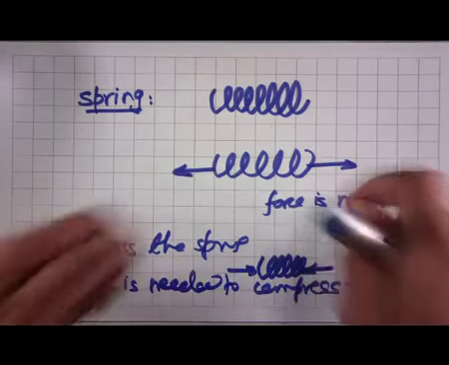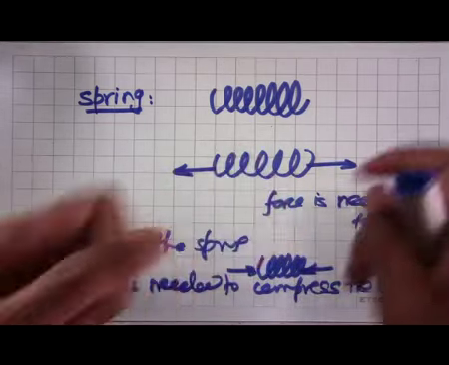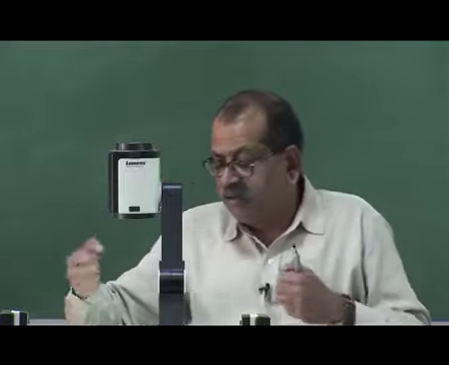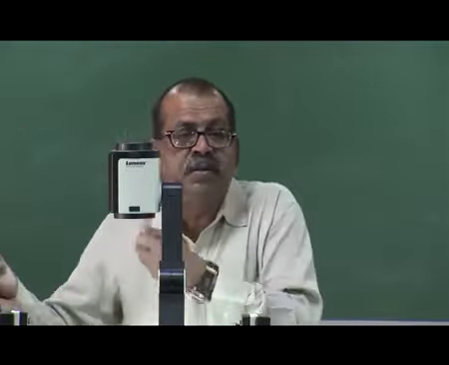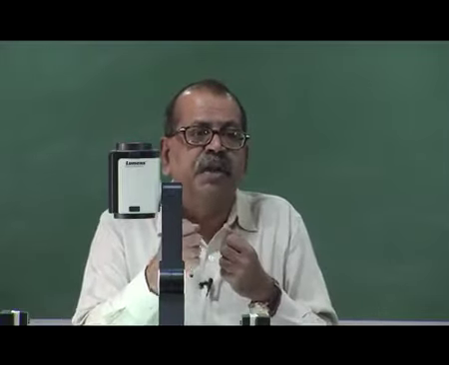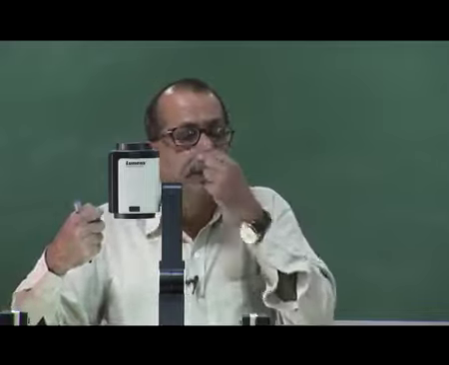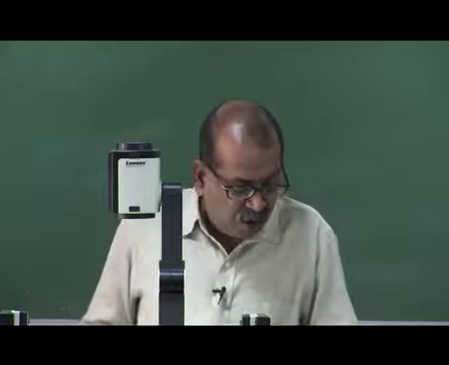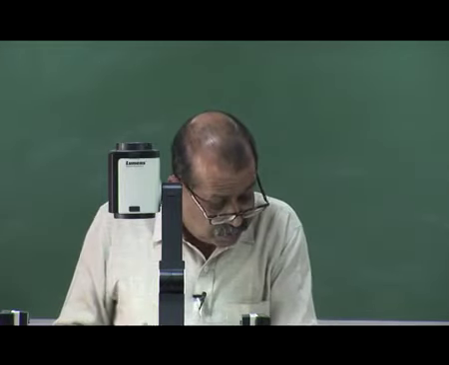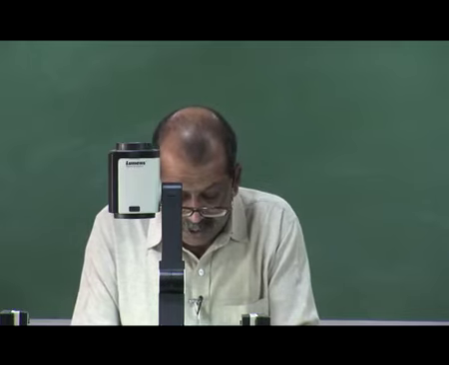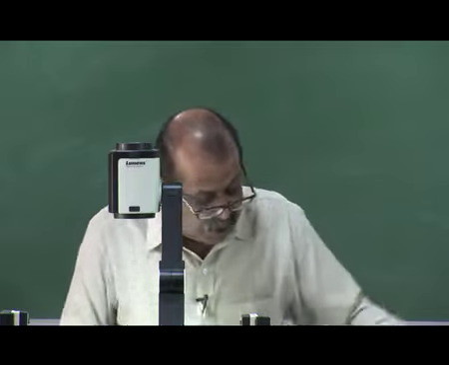So, if this spring is now tied to some body, then since a force is needed to compress the spring, it will put an opposite force on the body. So, if a body is connected to a compressed spring or to an extended spring, then an equal and opposite force will be applied by the spring on the body. So, let me just give you the definition of a spring.